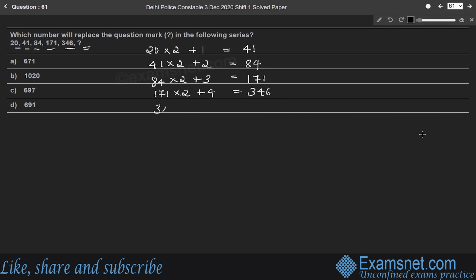So next is 346 into 2 plus 5 gives 697, right? Where 346 into 2 becomes 692, plus 5 is 697. Therefore, the number which replaces the question mark is 697.